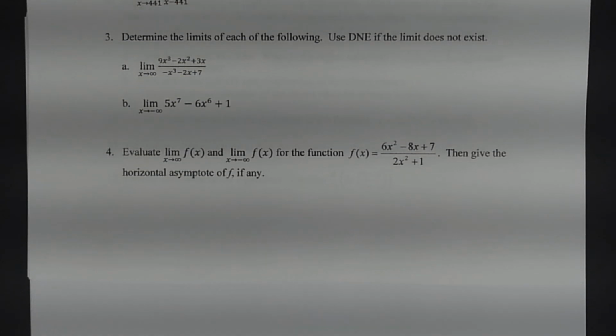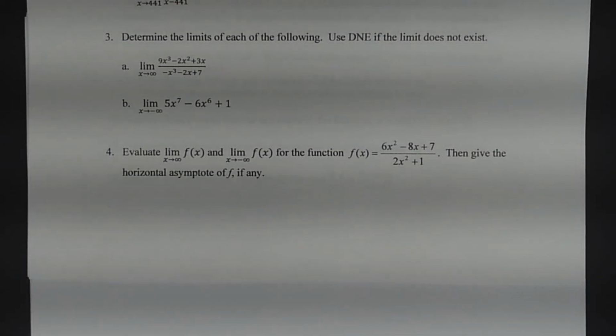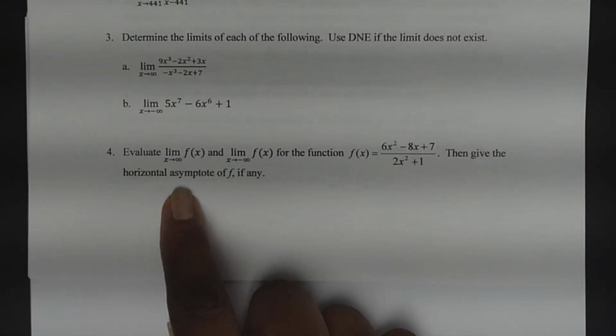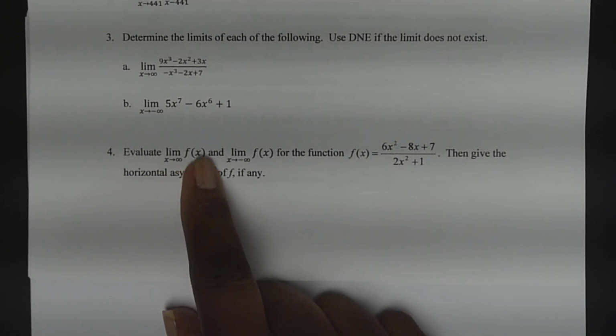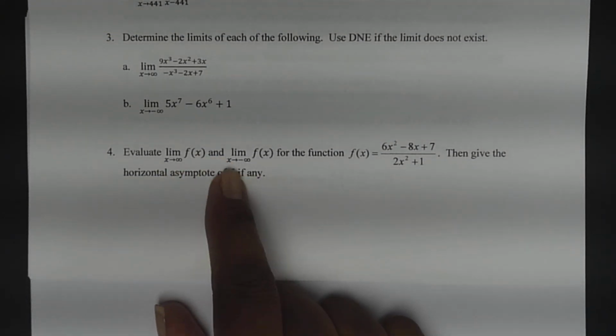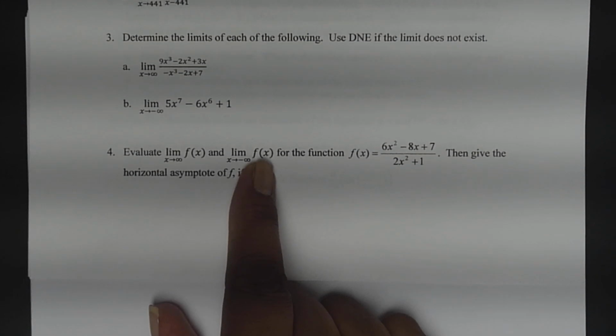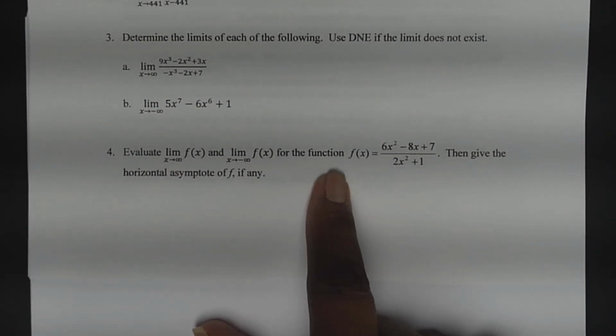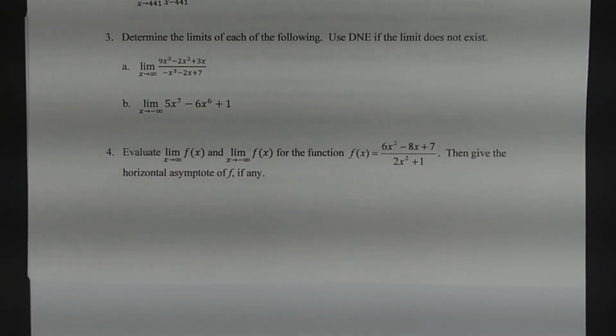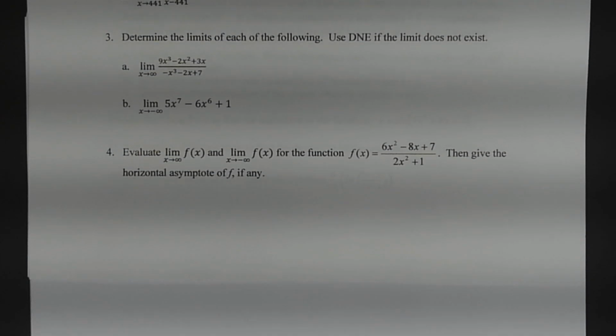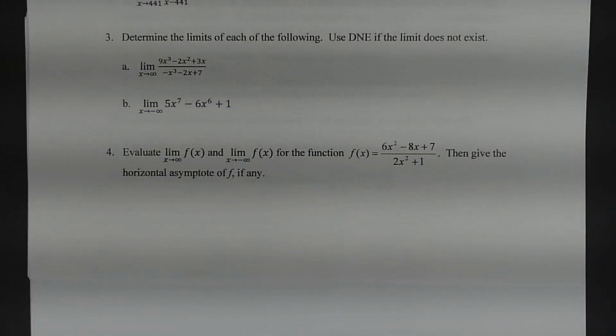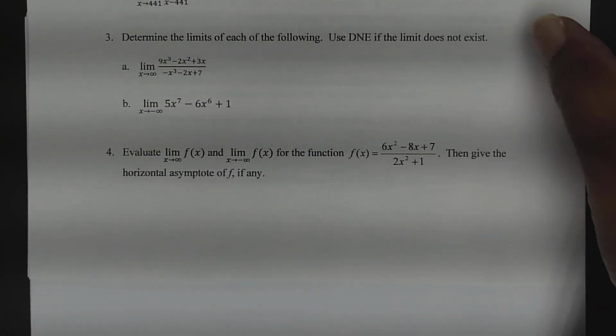All right, now part number 4 is this. We have the limit as x approaches infinity of f of x and the limit as x approaches negative infinity of f of x that we want to evaluate for this function. f of x is equal to 6x squared minus 8x plus 7 over 2x squared plus 1. Then give the horizontal asymptote of f, if any.